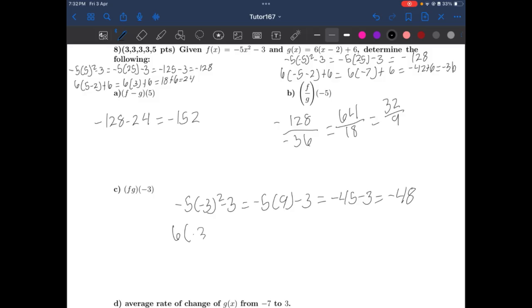So we have g of negative 3, 6 times negative 3 minus 2, plus 6. That's 6 times negative 5, plus 6. That's negative 30 plus 6. It's negative 24.